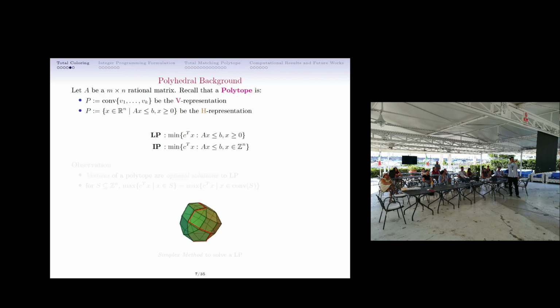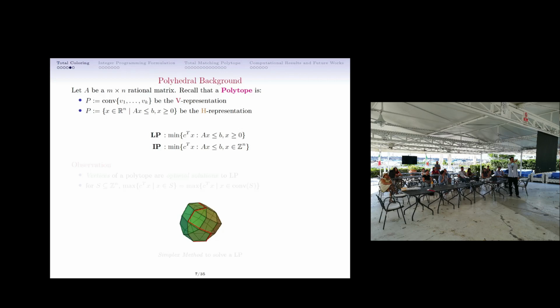And the convex hull is the smallest convex set that contains the vertices. So P can be seen through this representation for the first part. For the second part, a polytope P can be seen as the intersection of finitely many half-spaces.